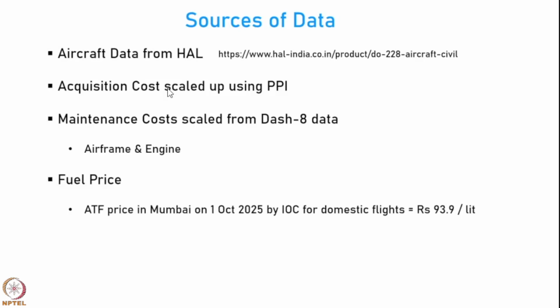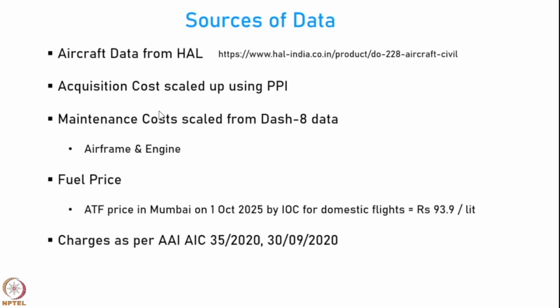In our calculations here, we have taken the ATF price in Mumbai on 1st October, which was given by the Indian Oil Corporation as rupees 93.9 per liter of fuel. Of course, they sell fuel in kiloliters, but the cost per liter turns out to be on an average 93.9.